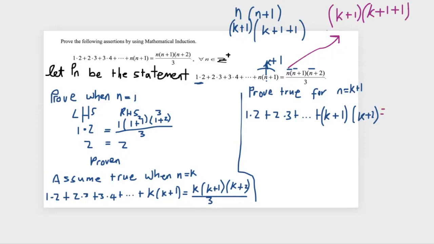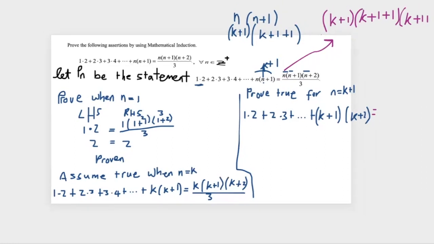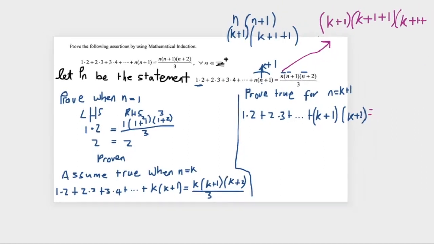The n plus 2 now, I will have k plus 1 plus 2, all over 3.